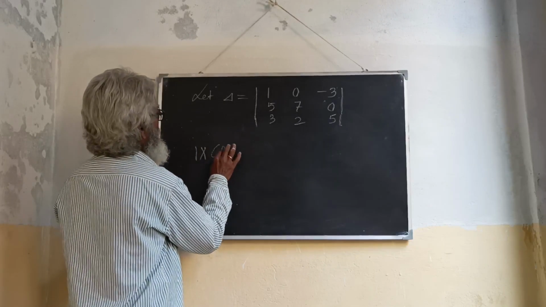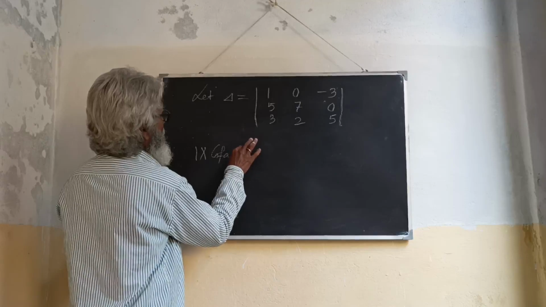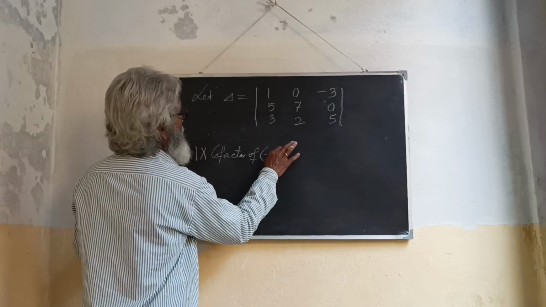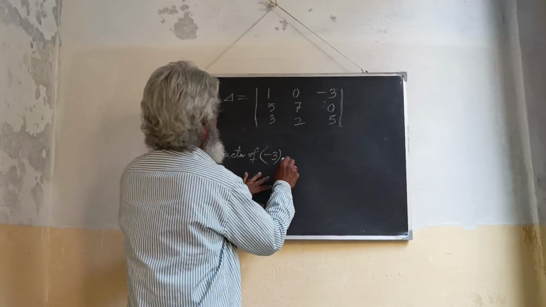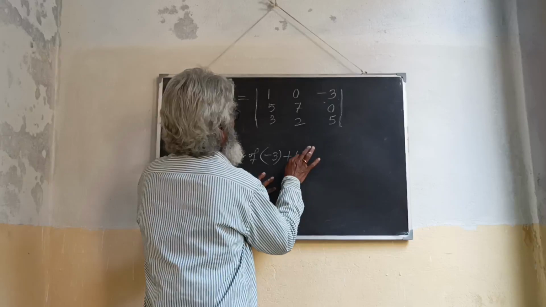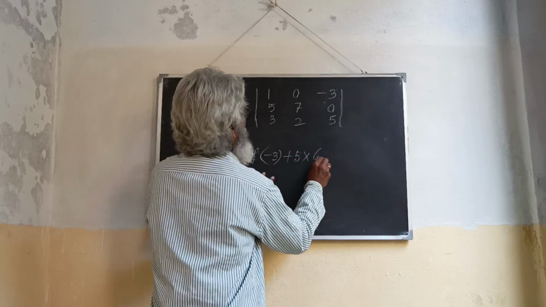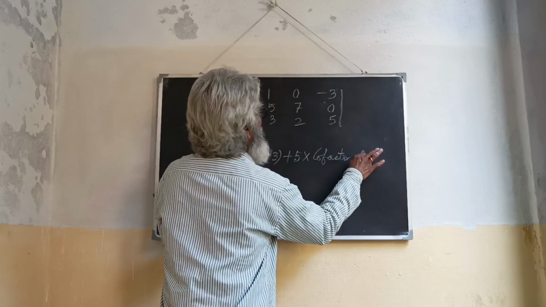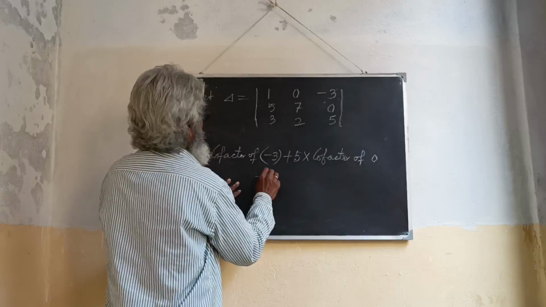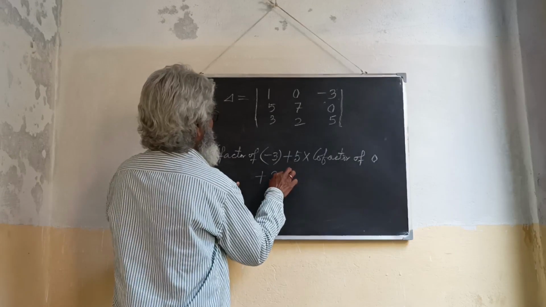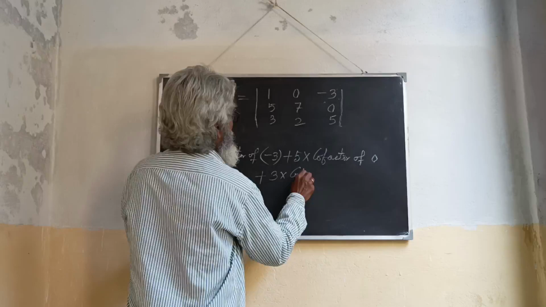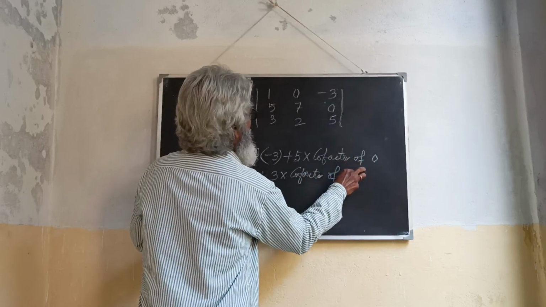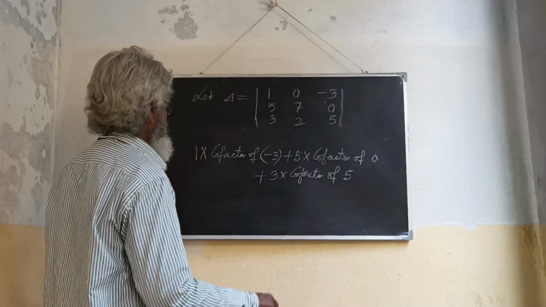So you write 1 into cofactor of minus 3, plus 5 into cofactor of 0, plus 3 into cofactor of 5. We see what happens.